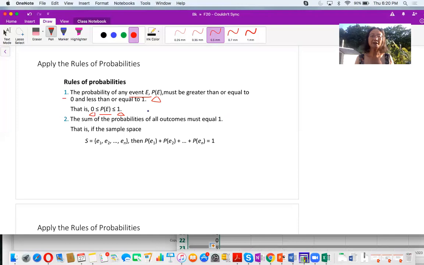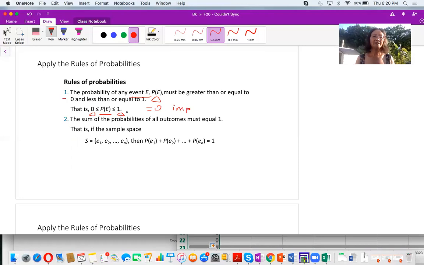When a probability is equal to 0, that is an impossible event. For example, the sun comes from the west. We know that is an impossible event. So the probability of the sun coming from the west is 0.